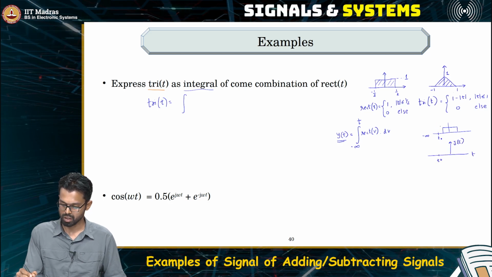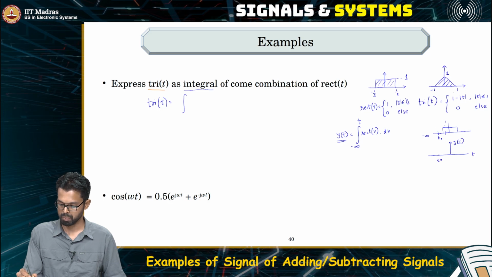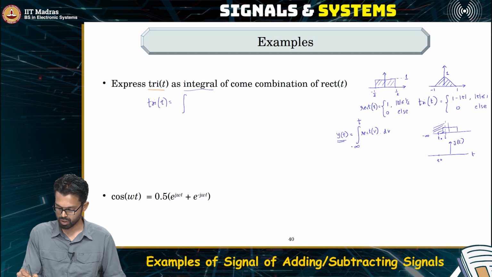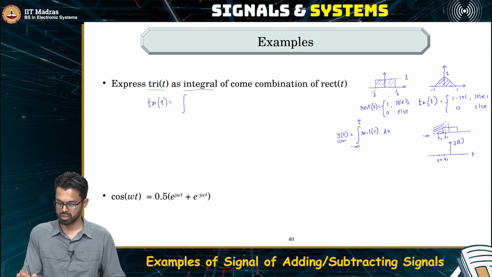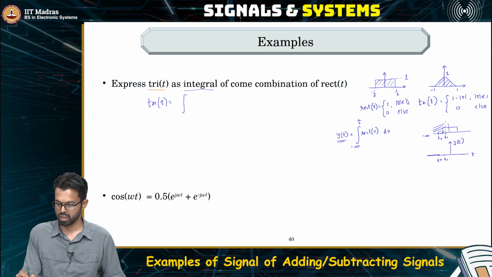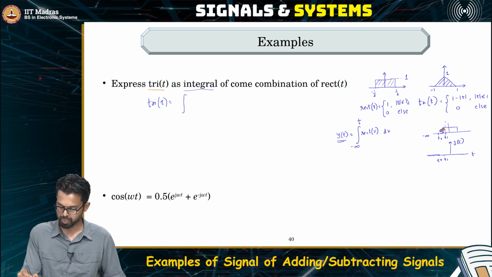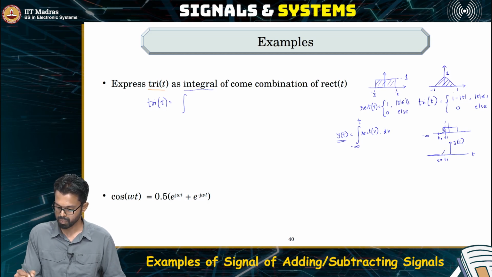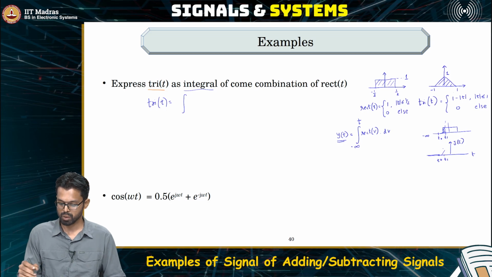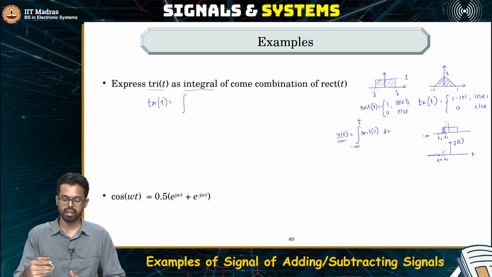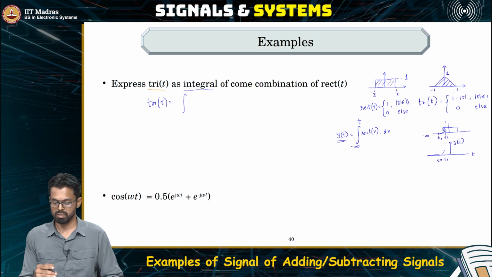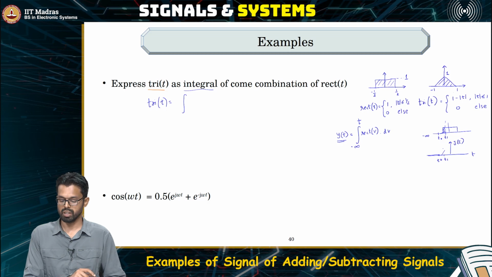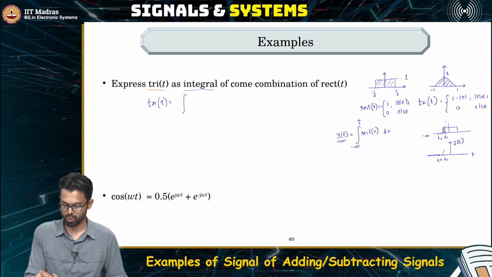Then you compute the area till the point t1, and that will be the value y of t1. At t naught it will be 0, and at t1 the value is whatever the area of integration is. So essentially, the area under the curve from minus infinity till the point t is what we compute, and we call that the value of the function y of t.